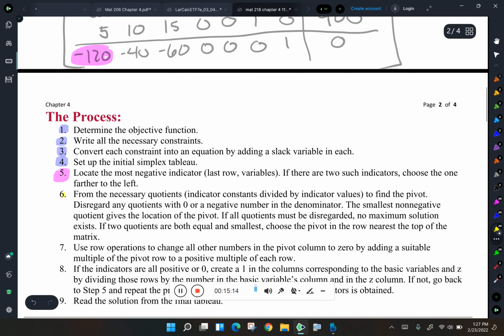Then we are going to, and this is a typo, that says from, that really should say form. Okay, all right, so I went and fixed that file, so the one you have will be correct when you download it. Okay, so we form our necessary quotients. Now what a quotient is, it is the indicator constants divided by the indicator values to find the pivots.